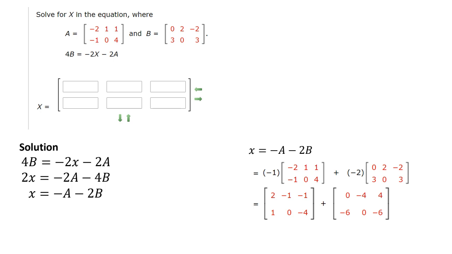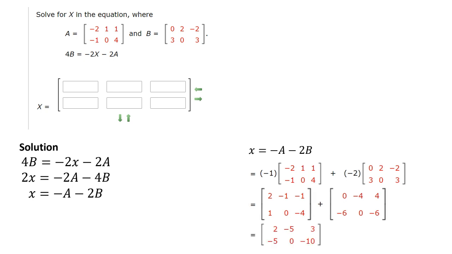I'm going to add those two together, element with element, position for position. 2 plus 0 is 2, -1 plus -4 is -5, -1 plus 4 is 3, 1 plus -6 is -5, 0 plus 0 is 0, -4 plus -6 is -10. Okay, so this is how we do matrix operations.